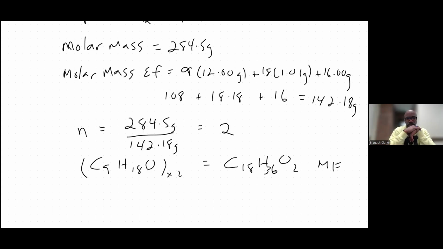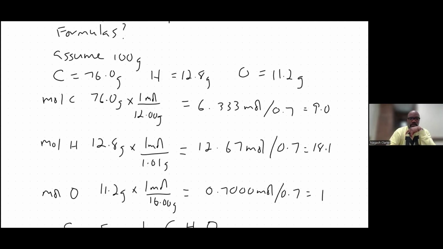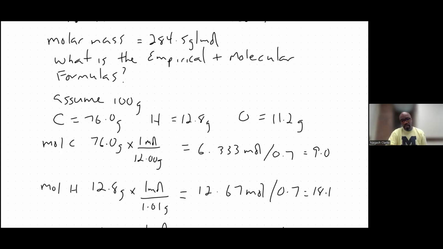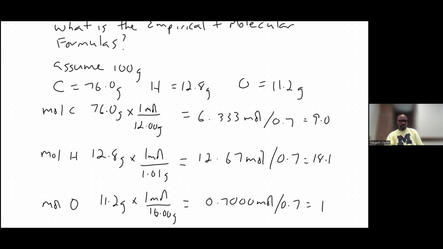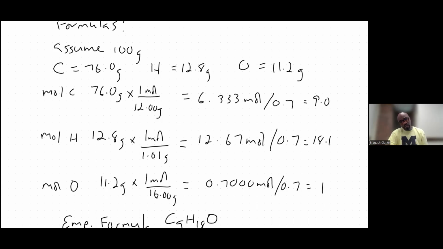So it's a few steps, but it's pretty systematic. You're given percent composition, and you essentially just remove the percentages and replace them with grams, because we're assuming 100 grams of compound. Then you find the moles of each, like you've done before: grams divided by molar mass gives you moles. Then divide by the smallest number of moles, and round to whole numbers, so your ratios should be whole numbers.